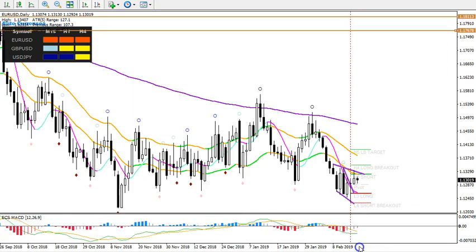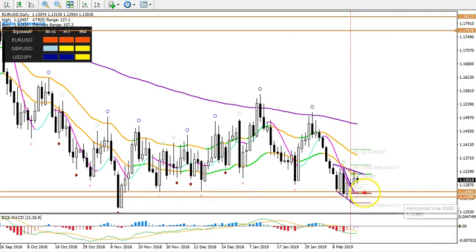Now, of course, if price does fail to move up and breaks through 112.50, let's put those lines on. There we go. And we have a good daily candle with a good size, 70 pip size from high to low, preferably more, with a close near the low, with a close below 112.50. Well, in that case, we're looking at a bearish breakout.